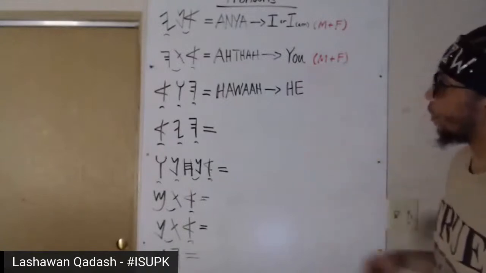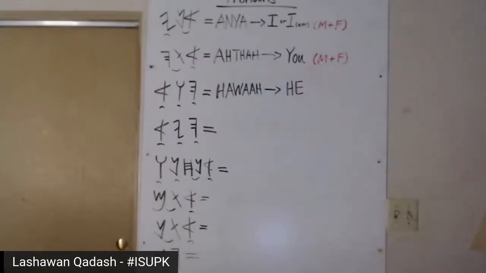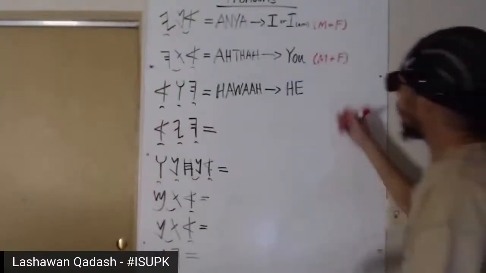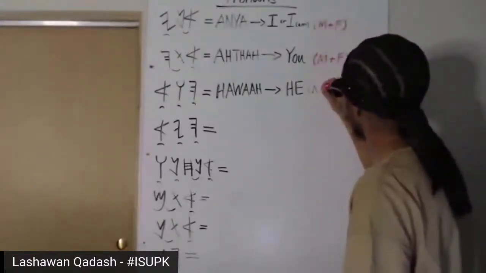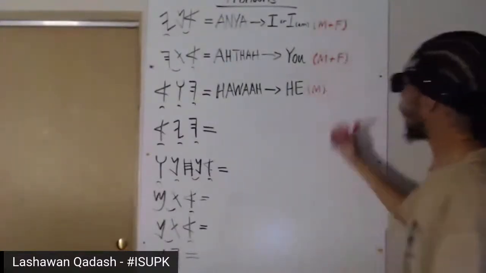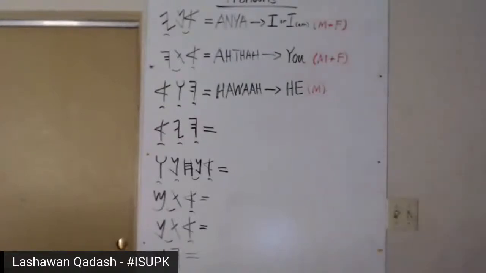So he, Hawa'a. Now, since that's a he, you know what I want to put? It's going to be M for masculine because it's speaking about a male.